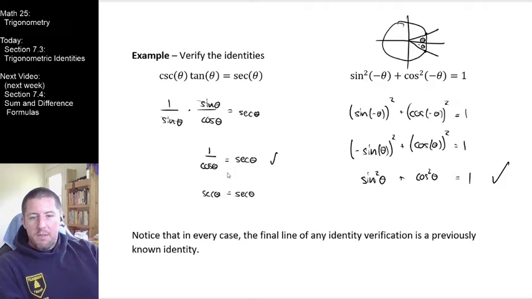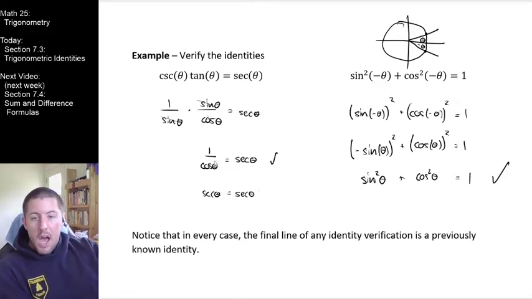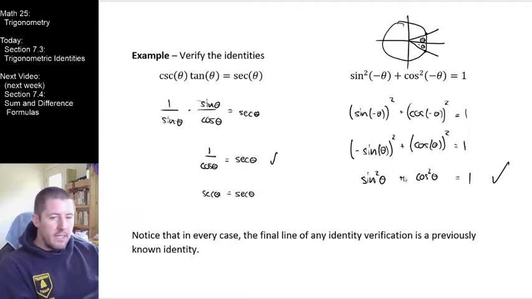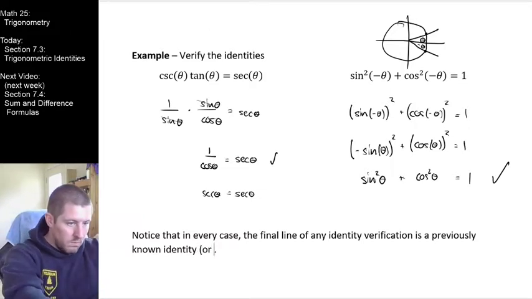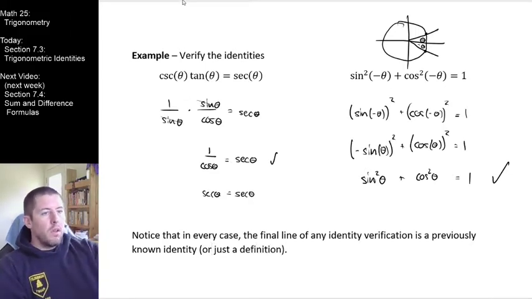So every one of your final lines where I put the check mark next to it either needs to be a straight up definition, like we have in this example right here, or it needs to be a previously known identity. So let me just write these little comments right here.